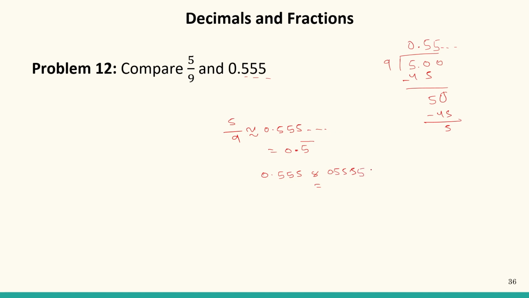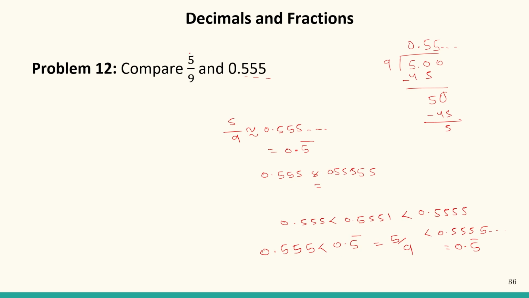So since this is non-terminating, 0.555 is less than 0.5551, that is less than 0.5555, and that is less than 0.55555 and so on, that is equal to 0.5 bar. So we can say that 0.555 is less than 0.5 bar, that is equal to 5 by 9.